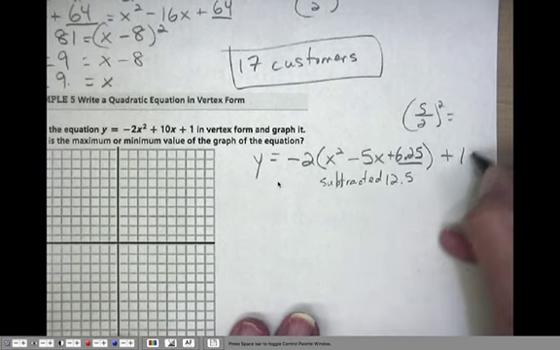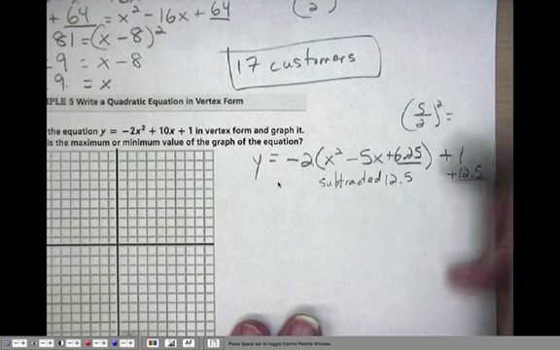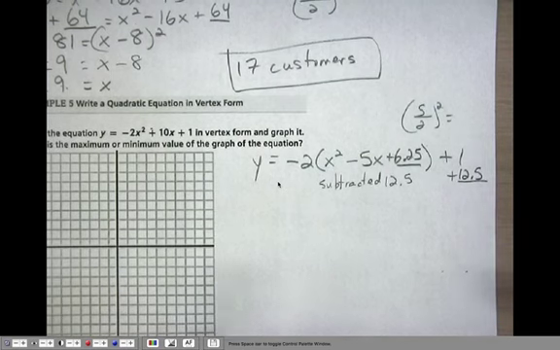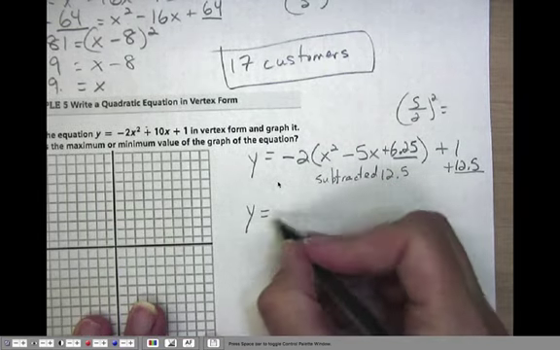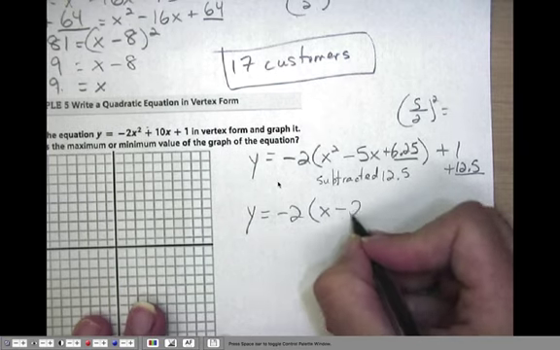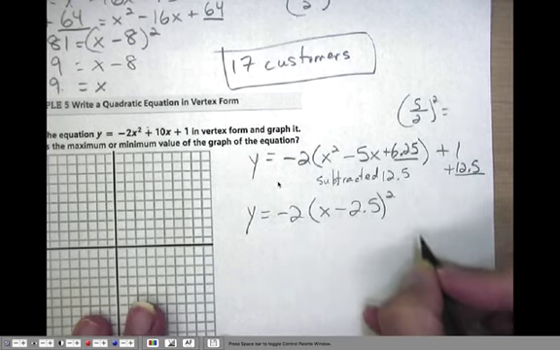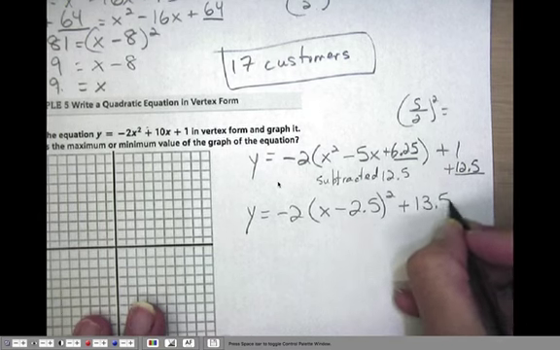So to balance that out, I'm going to add 12.5 to the rest of the equation in order to maintain balance. Okay, so now this is y equals -2 times x minus 2.5 squared plus 13.5.